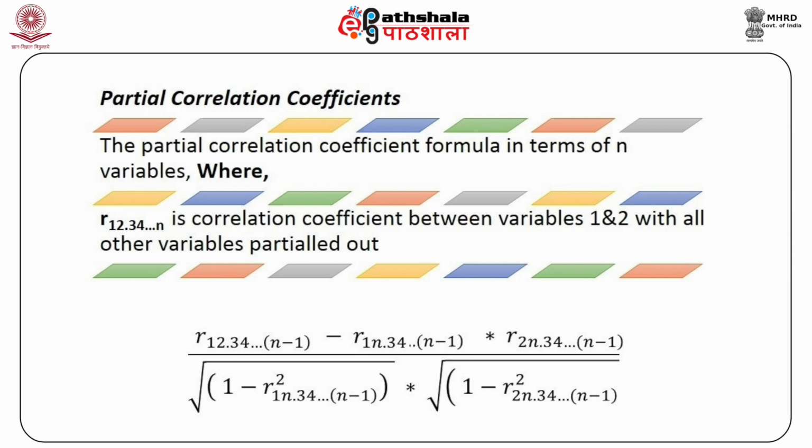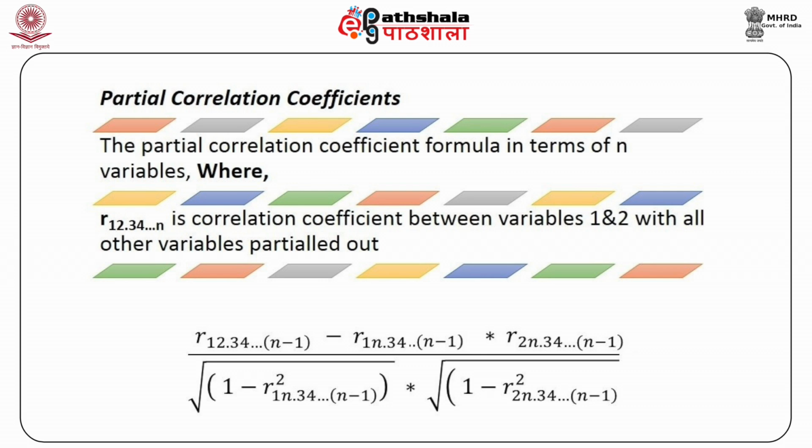After the dot, we have those variables which have been partialed out. Like in this case, the R1 2.34 to n, the relationship is between 1 and 2, and the partialed out variables are 3, 4 till the variable n.